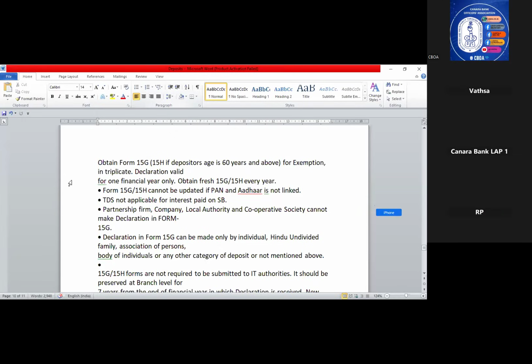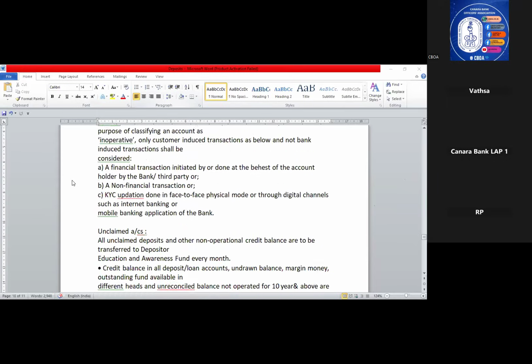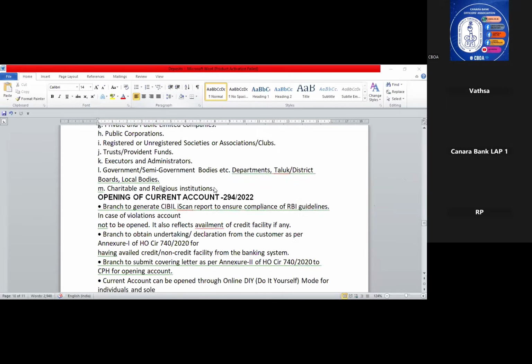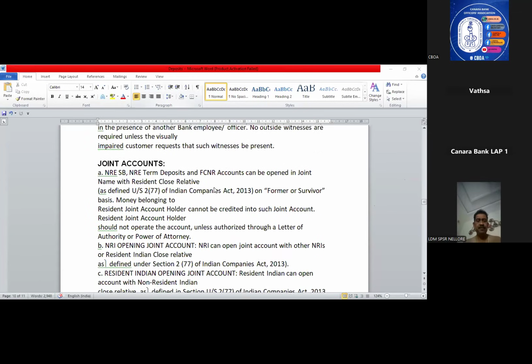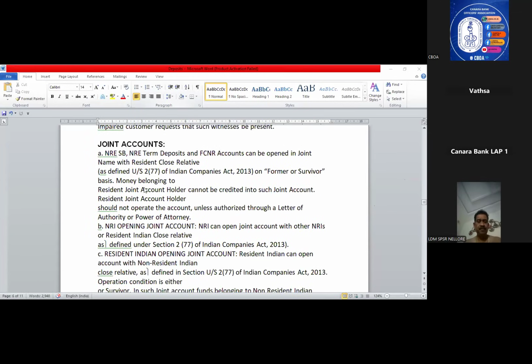Joint accounts, 15G. Okay, I'll start from joint accounts. See, joint accounts for 2 or more persons will be opened. And whenever we are opening joint accounts, definitely the operational condition has to be updated.